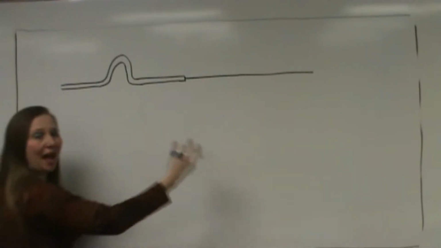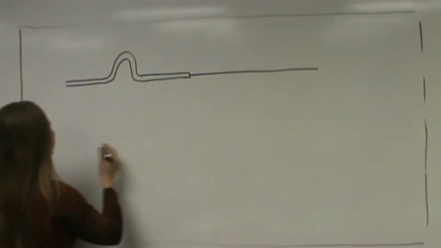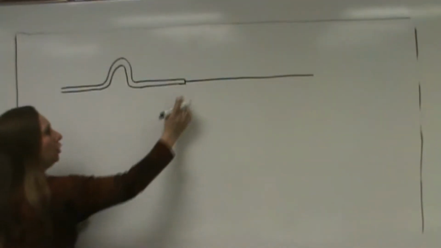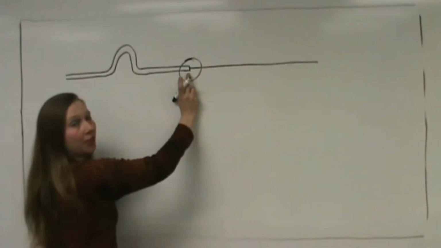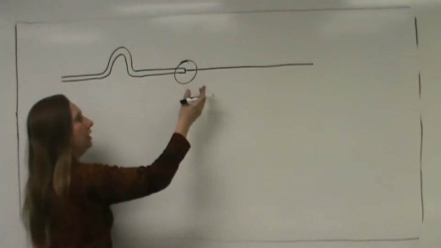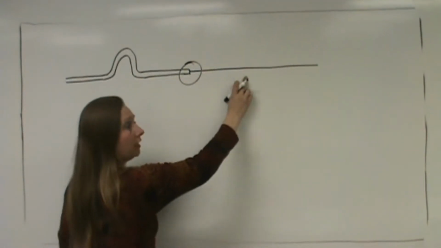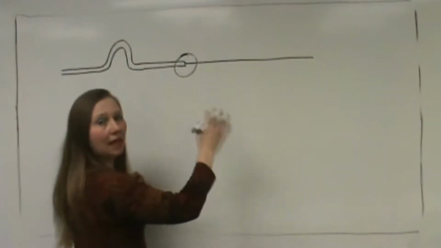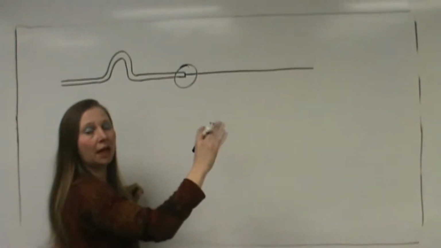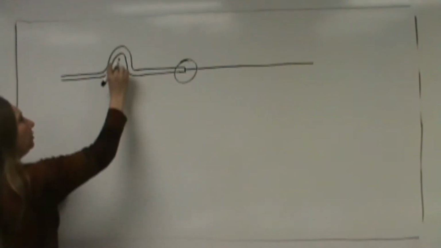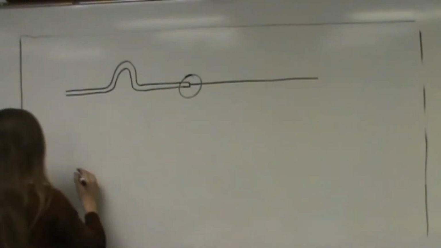It will travel faster in the thinner piece of rope, and it will also reflect back. When it hits this interface between the two ropes, it will be reflected back. But since this second material is less dense and much more flexible, when it reflects back, it will stay on top.